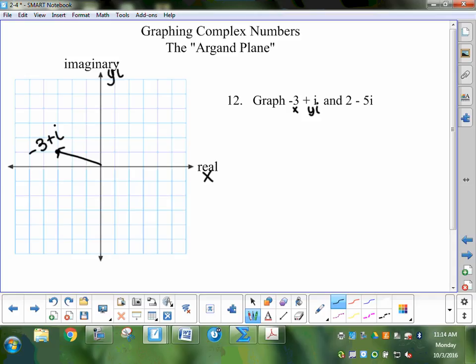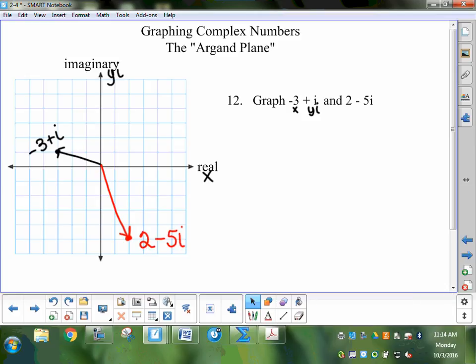I'm going to go over 2 and down 5. So I go over 1, 2, down 1, 2, 3, 4, 5. What didn't I do yet? To label this.